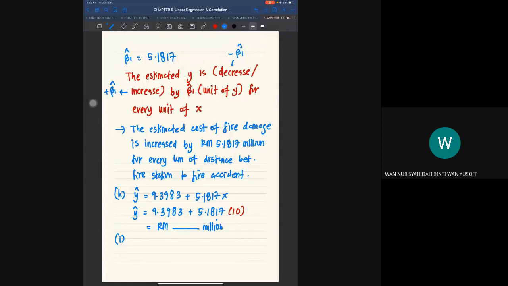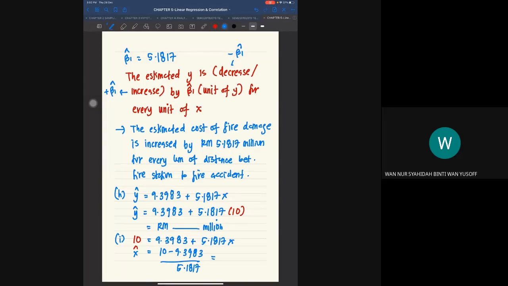So we substitute y with 10. Because we predict the x here, your x automatically has the cap, because the cap is a notation that we use for prediction.